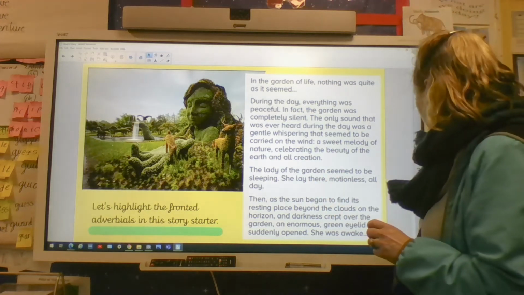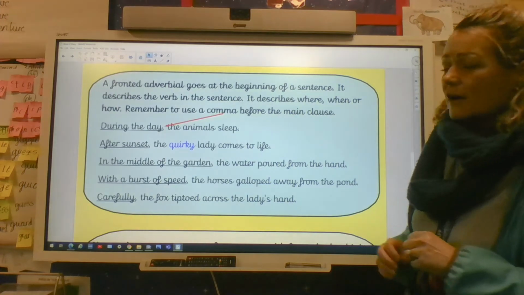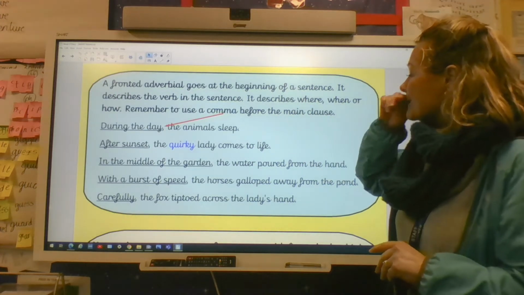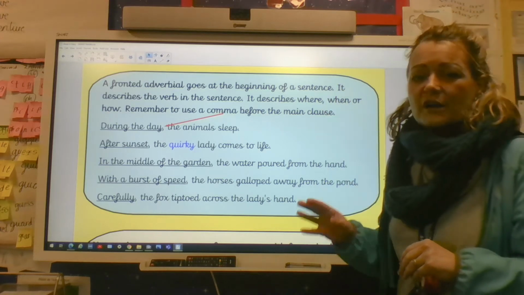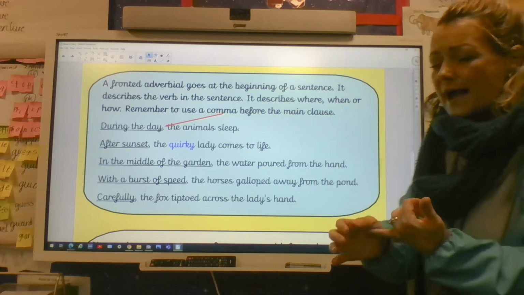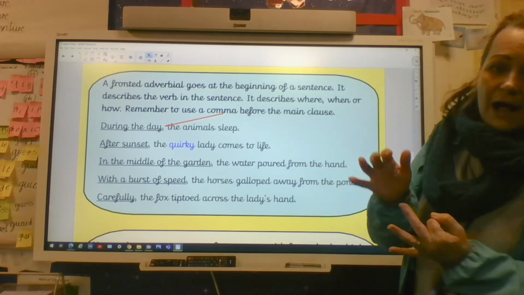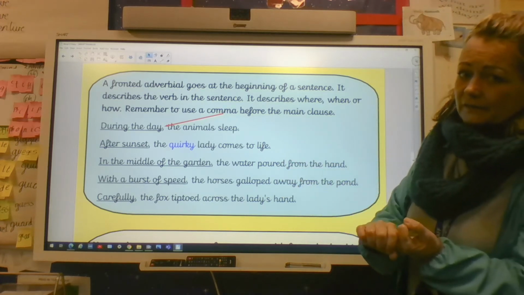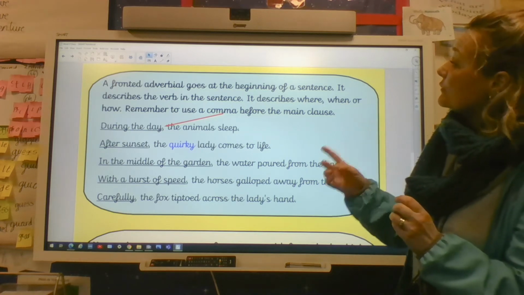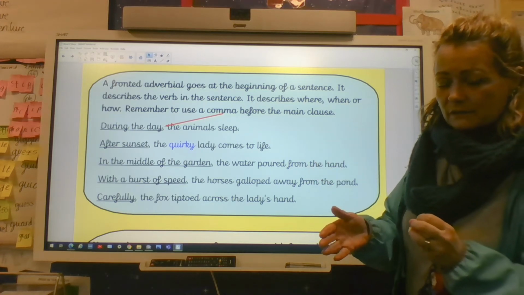When you've done that, take a look at some examples that I've got for you. A fronted adverbial goes at the beginning of a sentence and it describes the verb in the sentence. It describes where, when or how something is done. So 3 different types of fronted adverbials. And you use a comma before the main clause.